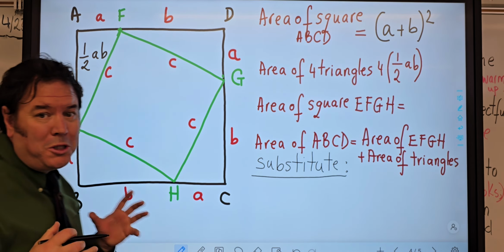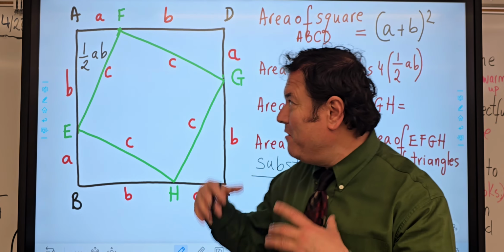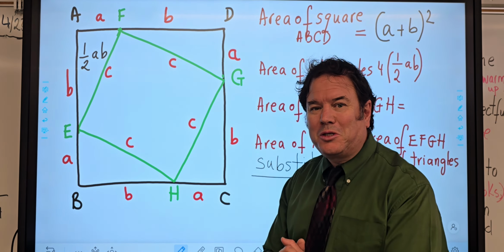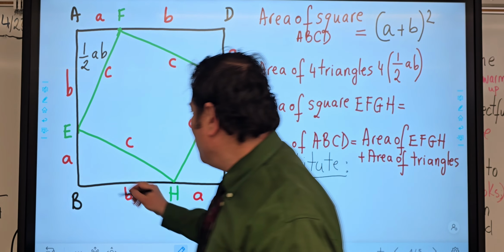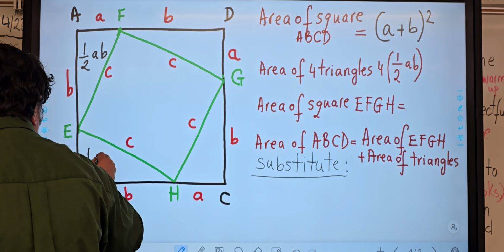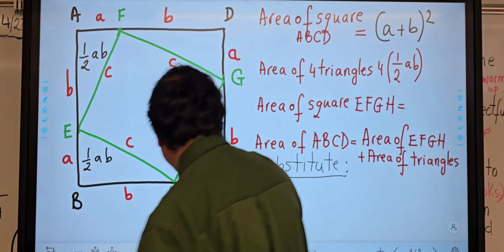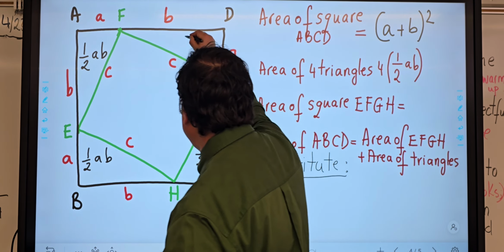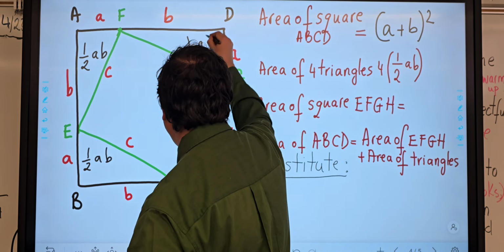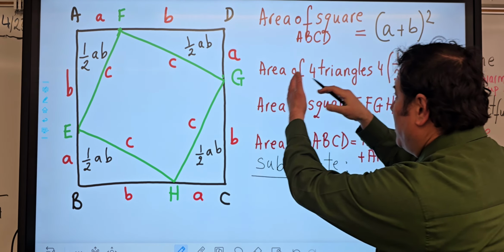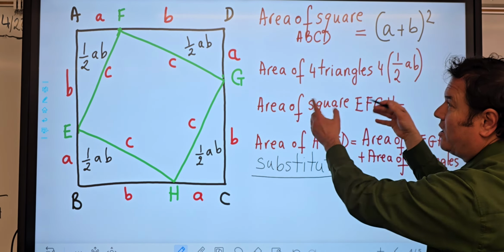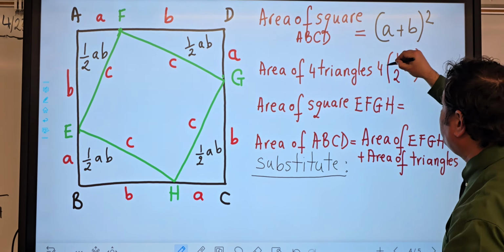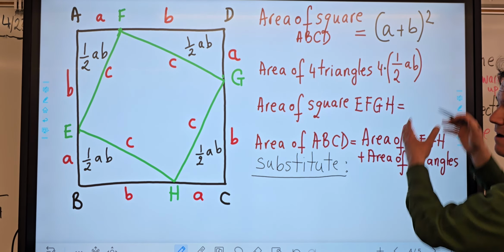Because all the triangles are the same, every one of them has the same area, 1/2 times AB. So the area of all 4 triangles together is 4 times 1/2 times AB.